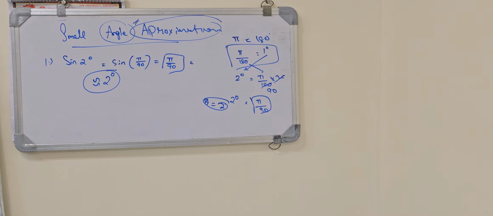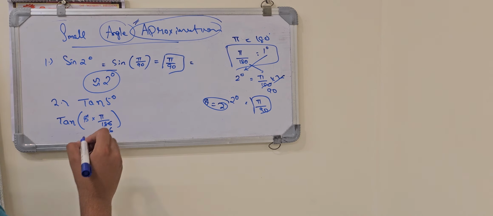So tan 5 degrees is equal to what? Degrees to radians, multiply by pi by 180. 5 multiplied by pi by 180. This is 36, I guess.